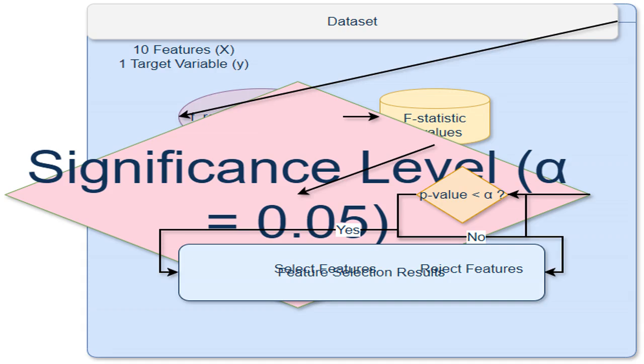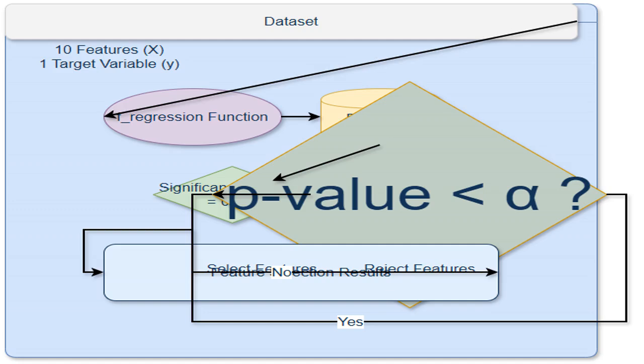I set my significance level alpha to 0.05. This means I am willing to accept a 5% chance of incorrectly concluding that a feature is important when it actually isn't. For each feature, I'll compare its p-value to my significance level 0.05. If the p-value is less than 0.05, I'll say the feature is statistically significant and likely related to the target variable.